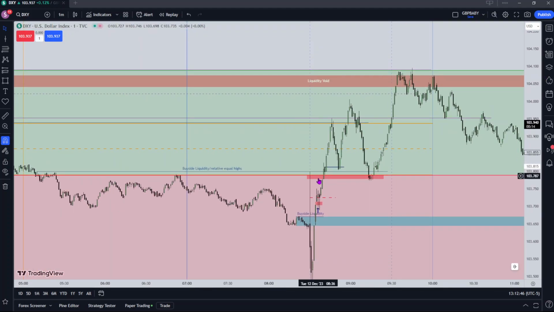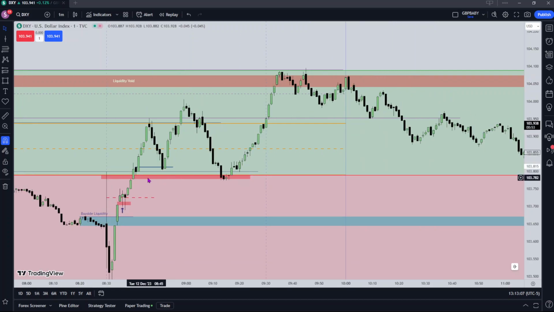Furthermore, what happens when price trades through a 50% level? This is classic ICT concepts: when price trades through a 50% level and we get a retracement, we anticipate some kind of run on stops. This fall here is not a run on stops. Why is it not a run on stops? Because it didn't take out any sell side liquidity.